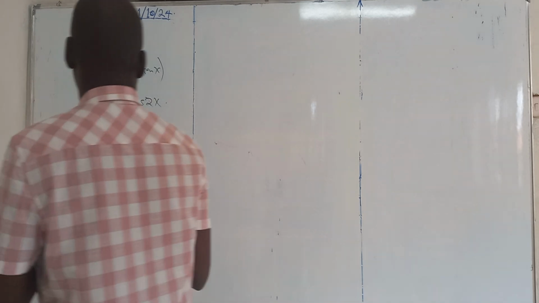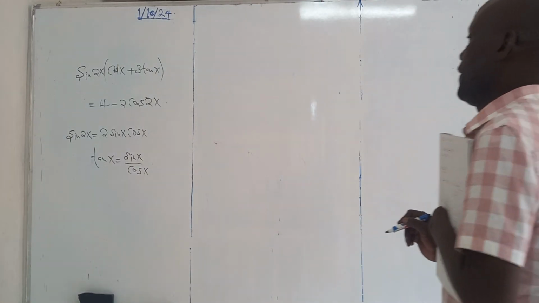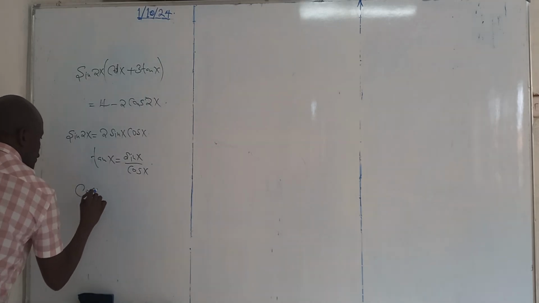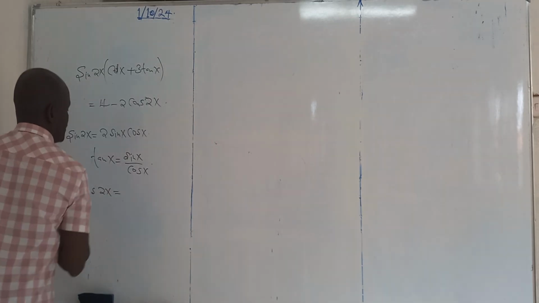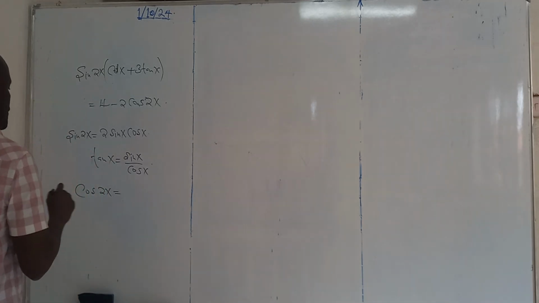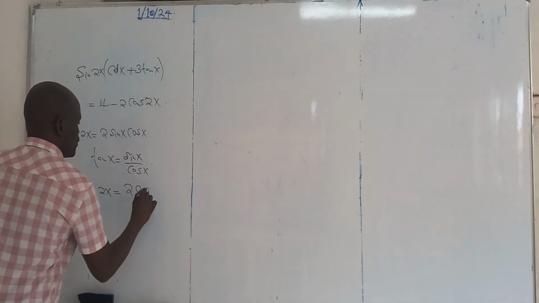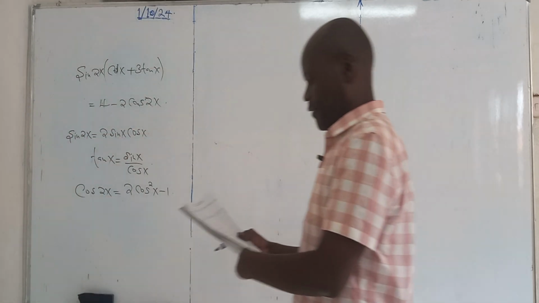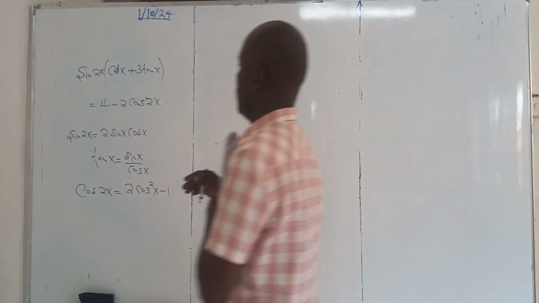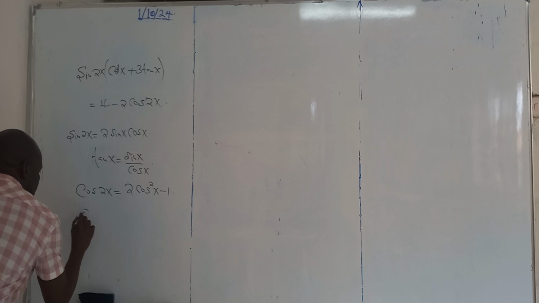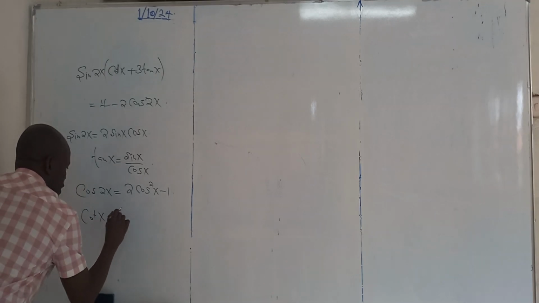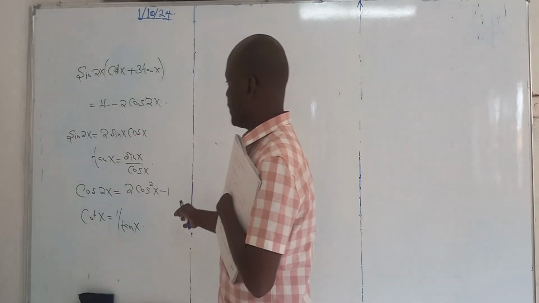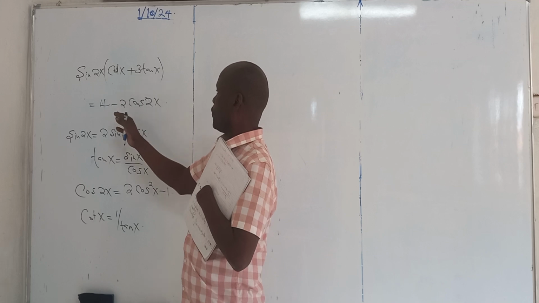That's an identity again. Then cos of 2x is equal to 2 cos squared x minus 1. What is left? Then we have cot of x is equal to 1 over tan x. So using these identities, we'll be able to show that this is this.